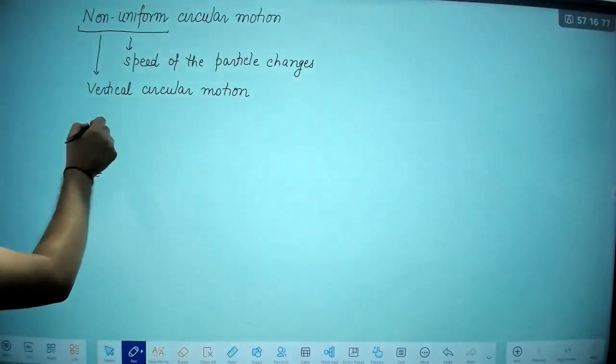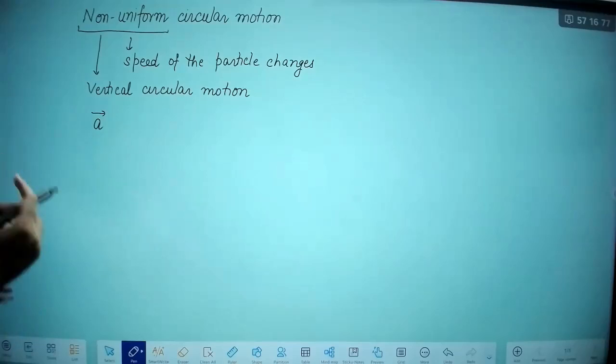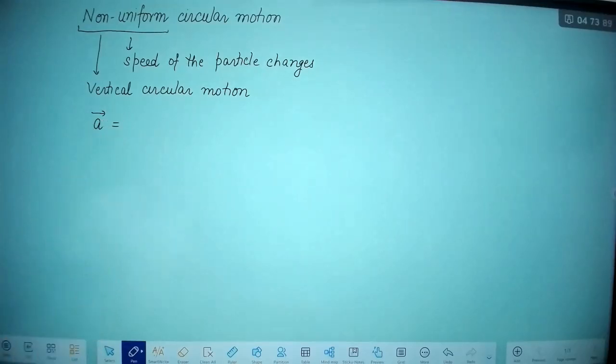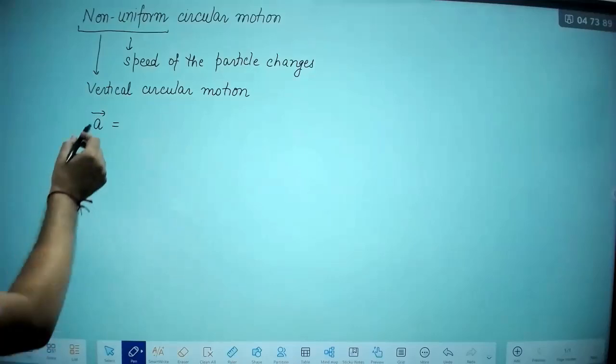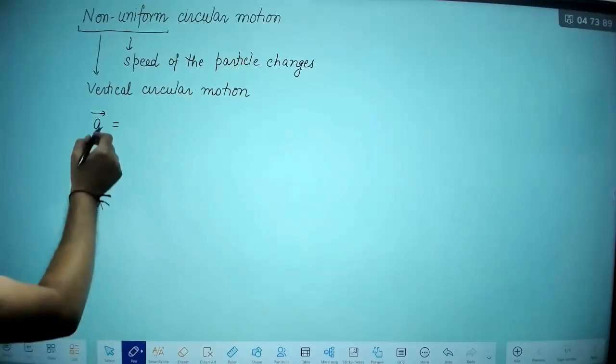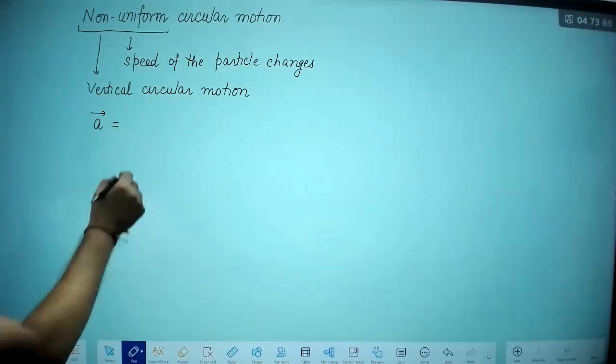So now what will be the acceleration? In polar coordinates, we know the expression of acceleration. What is the expression of a?